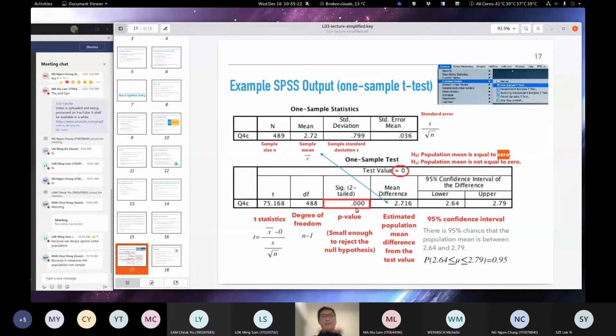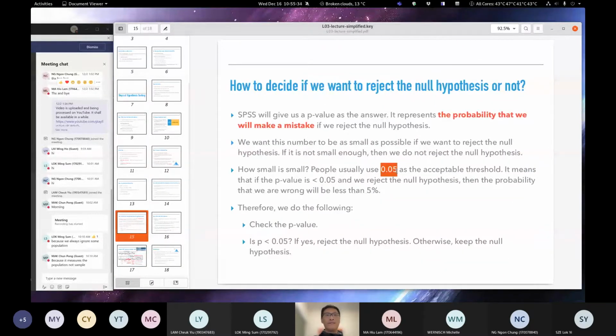Okay, but anyway, for this case, the p-value is equal to 0.000, and obviously, if you compare this number with 0.05, 0.000 is smaller than 0.05, right? So based on this decision, is P smaller than 0.05?